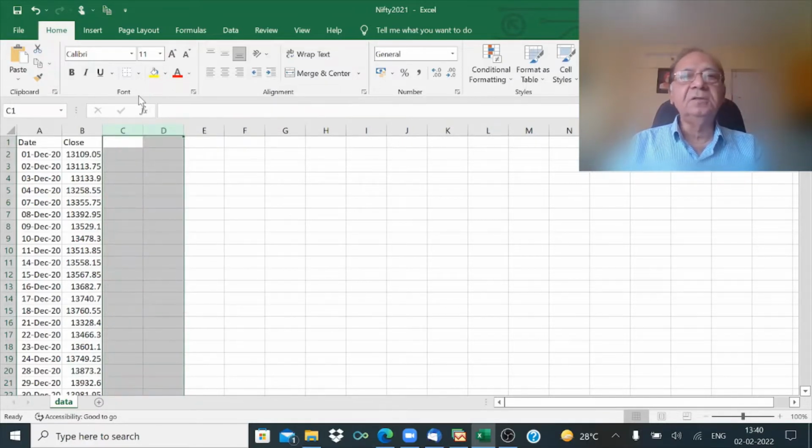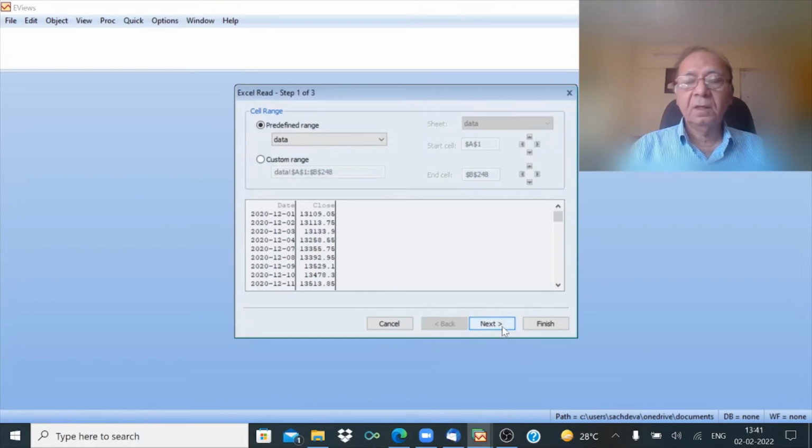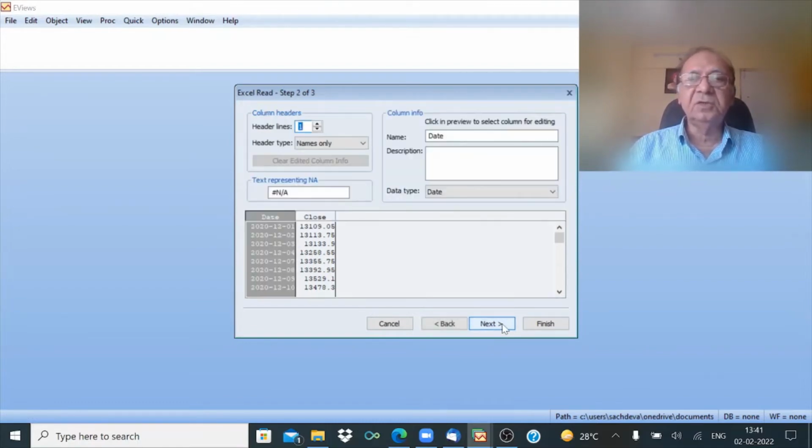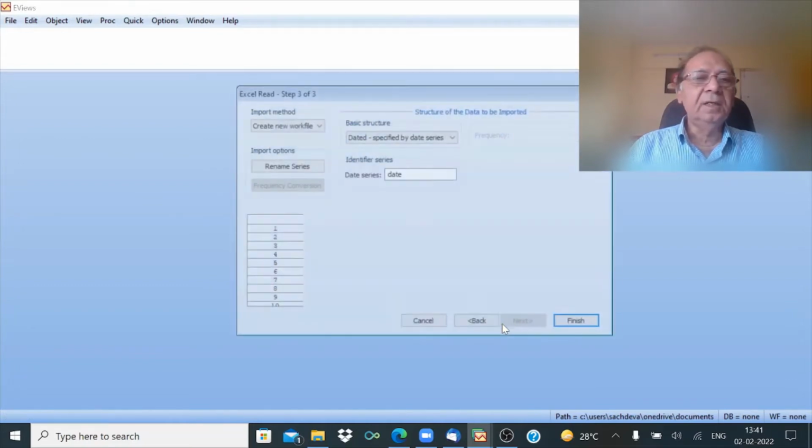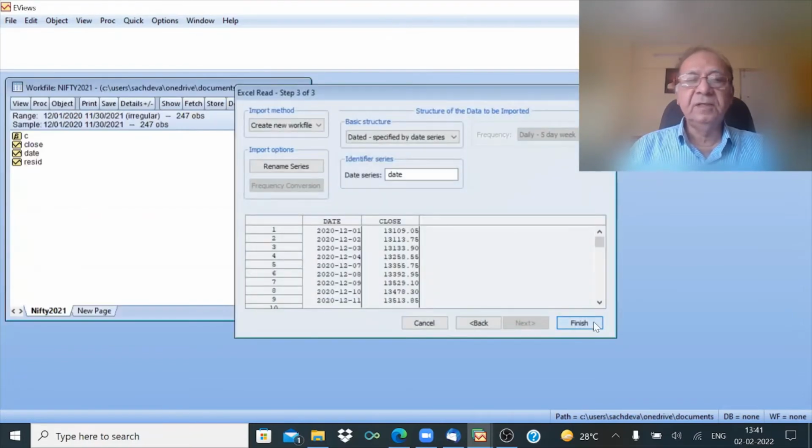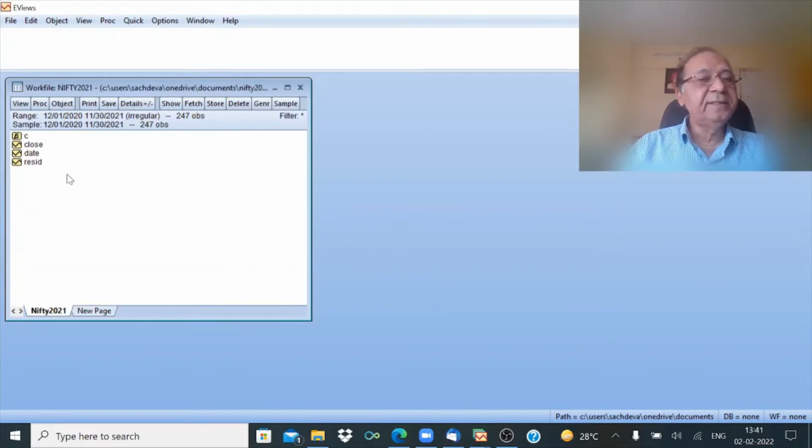So we now have the date and closing prices, and we will take this up in EViews. In EViews, it asks me to select the date and close price. I say OK, next, OK, and this data will be there with close and date.